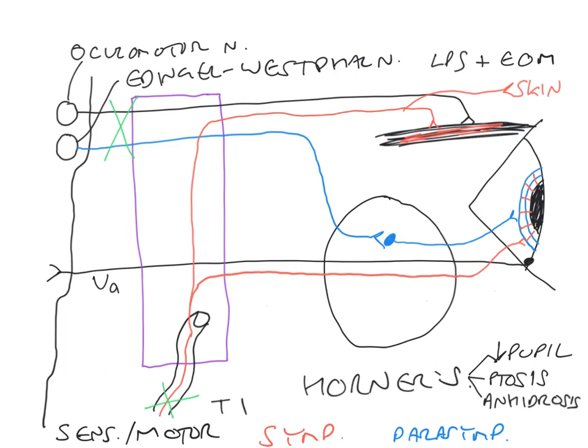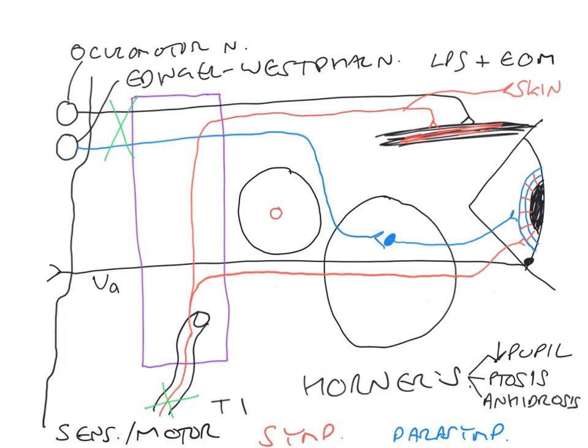Now, there is a second type of third nerve lesion, which is actually quite interesting. And in order to appreciate that, I just want to draw a transverse section through the oculomotor nerve. So this is a transverse section through the oculomotor nerve. Running within the oculomotor nerve are, of course, small vessels, which are supplying oxygen and nutrients to the axons within the oculomotor nerve itself.